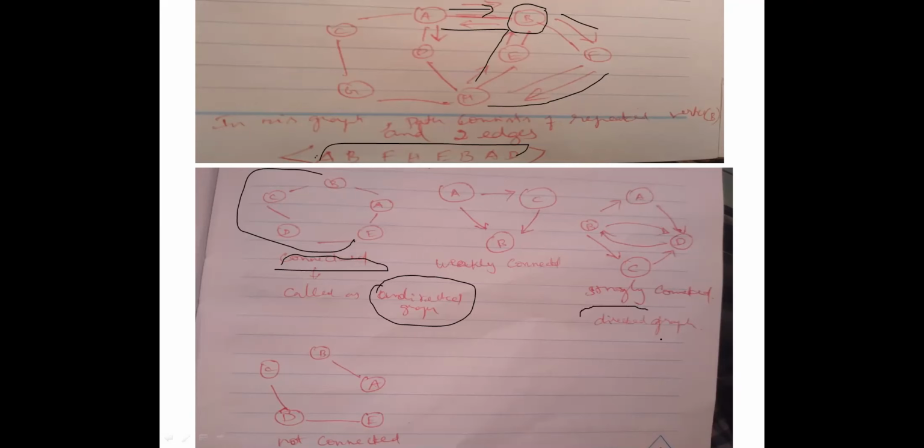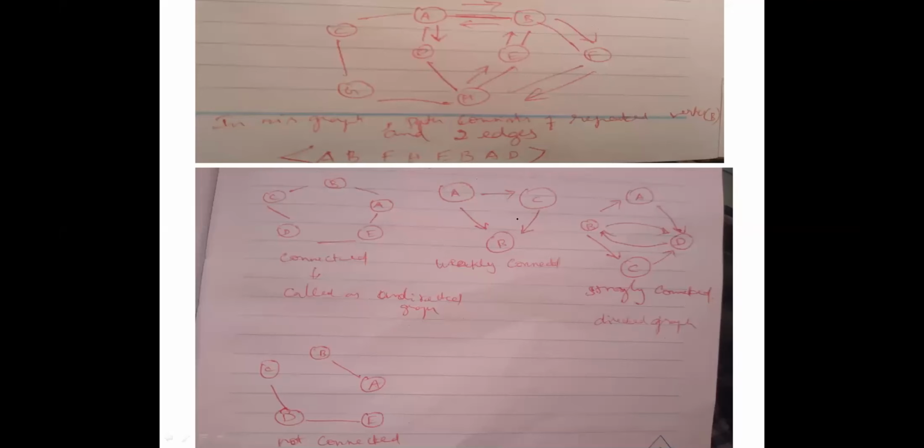In a strongly connected directed graph, it is strongly connected, and there may be a case where I cannot reach A to C, even though it is directed. We say a graph is weakly connected if, for example, going from A to B is possible and C to B is possible, but from B to A or B to C is not possible.